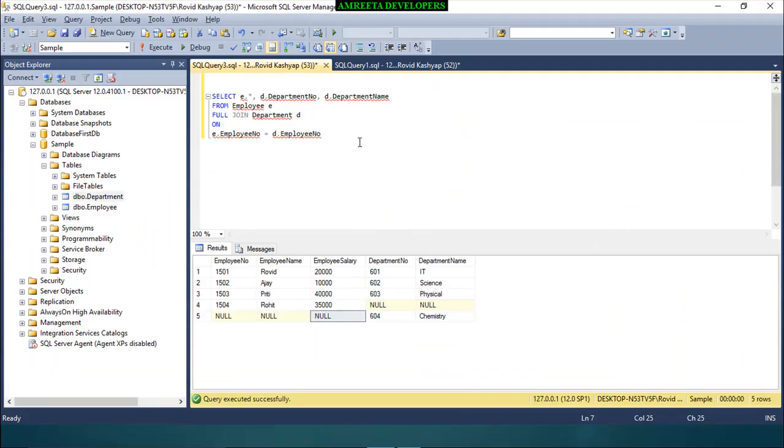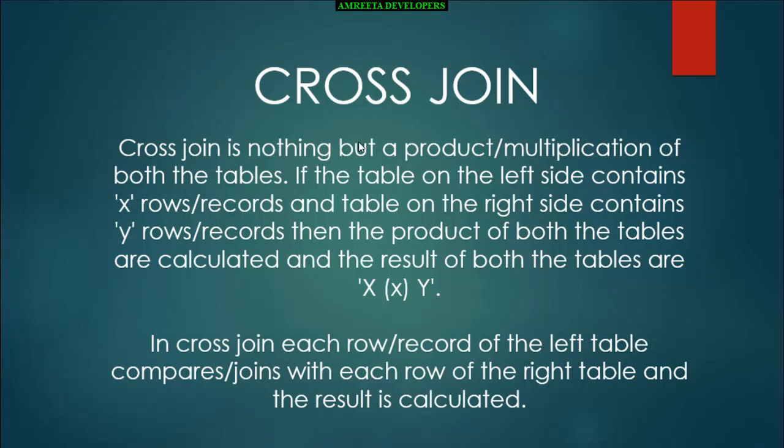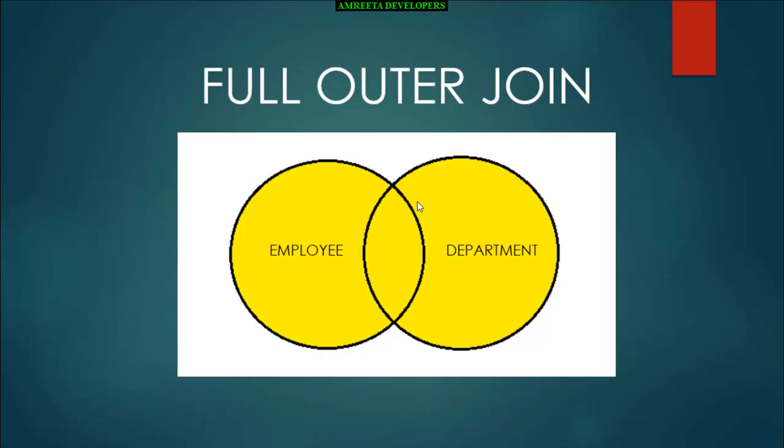Now let's move to the next one, the cross join. The last join is the cross join. Simply, a cross join is nothing but the product, the multiplication, of both the tables. If the table on the left side contains X records and the table on the right side contains Y records, then the product of both tables is calculated and the result is X into Y. Suppose, as we saw in our previous records, this is the X table and this is the Y table.